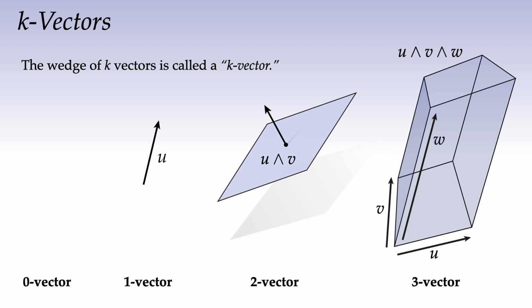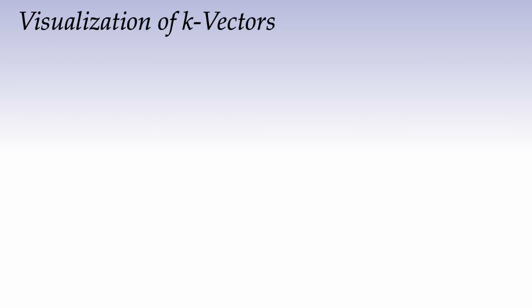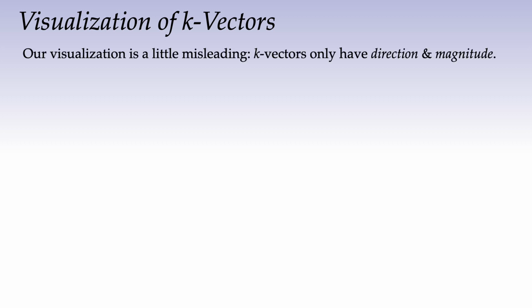But before going any further, I want to make a very, very important point about these pictures that we've been drawing. We've been drawing k-vectors so far as these little parallelograms, but this visualization is actually a little bit misleading. A k-vector really only encodes 2 pieces of information. It encodes a direction and it encodes a magnitude.